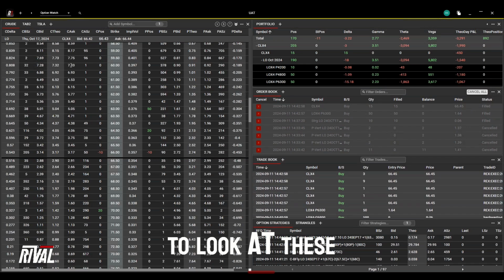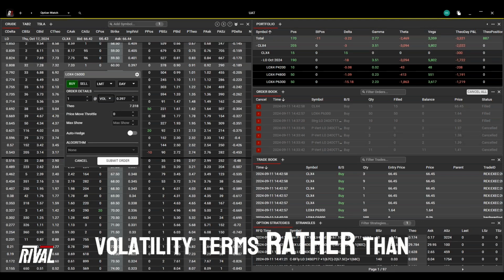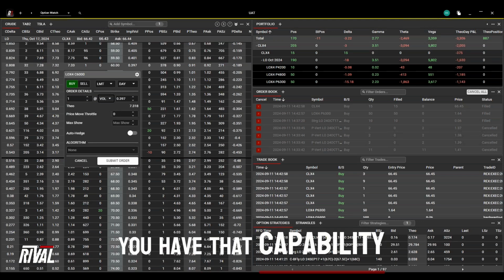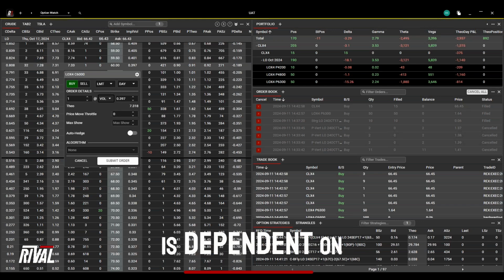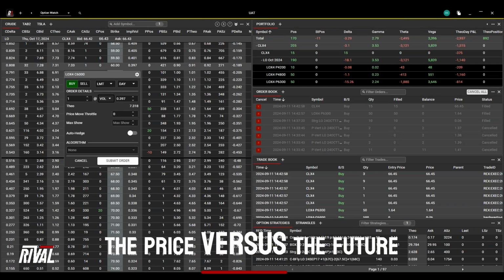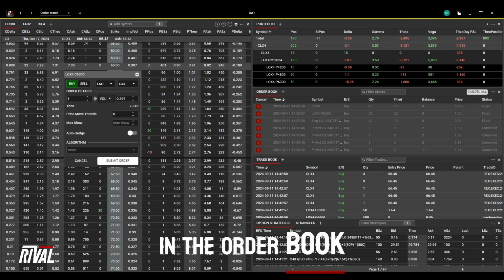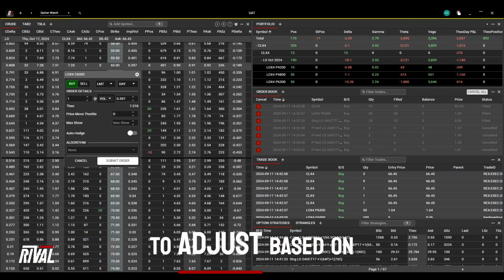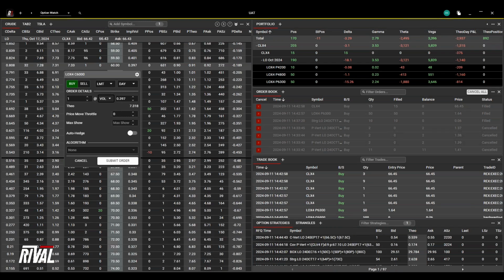So I'm going to look at these 60 calls. And if I want to trade these in volatility terms rather than in price terms, you have that capability. Now, because the volatility is dependent on the price versus the future, you'll see that when I put this order in, we'll see it working in the order book, the order is going to adjust based on the move in the underlying to maintain that volatility level.